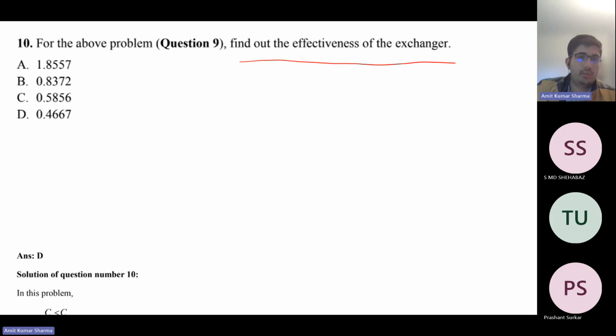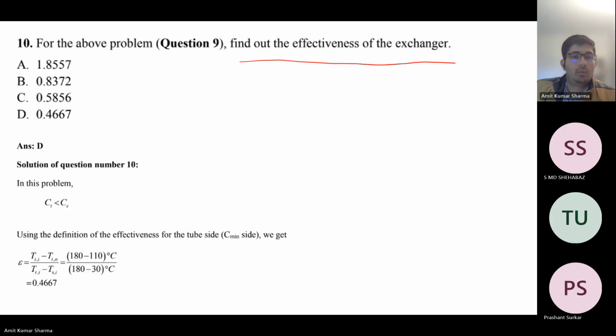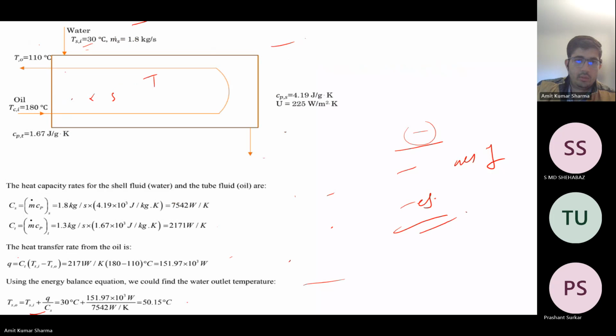Okay, so let's see. If you recall the heat capacities that we have calculated, these are for water, for oil. We can see the heat capacity for oil is less than water.